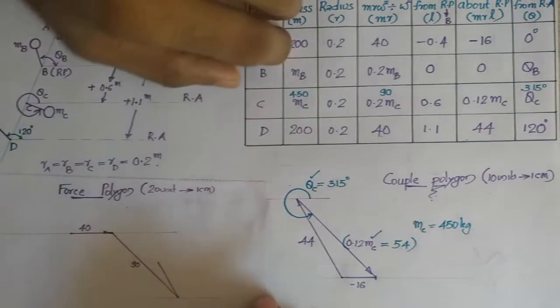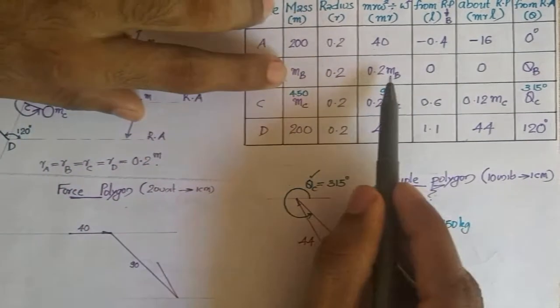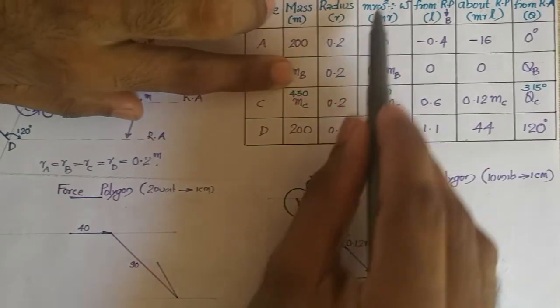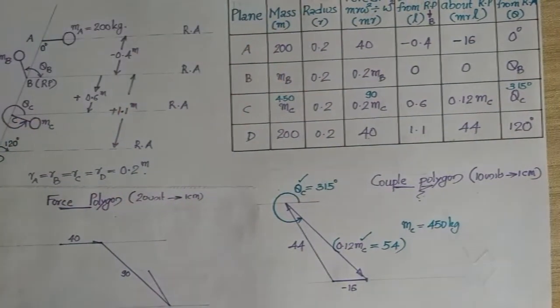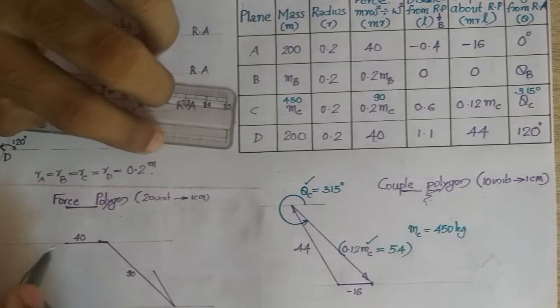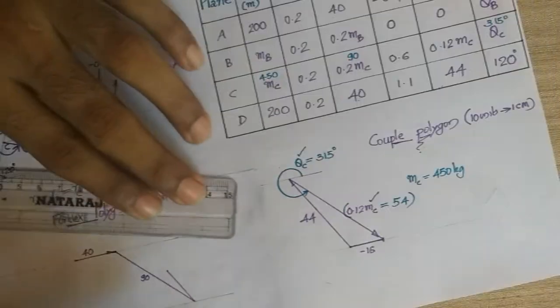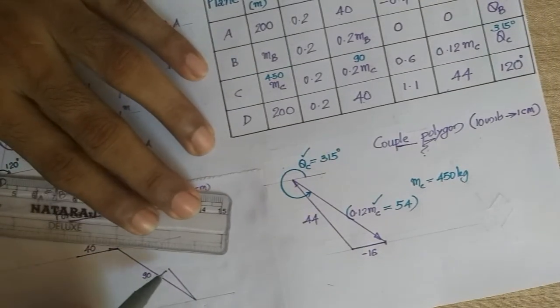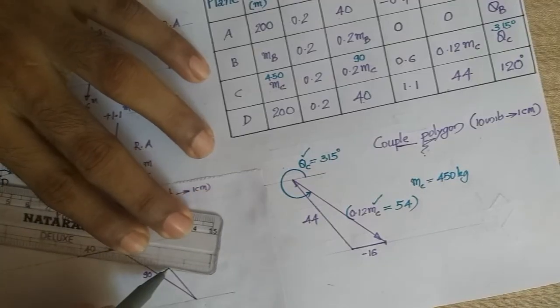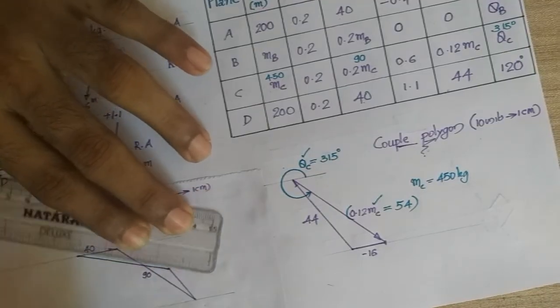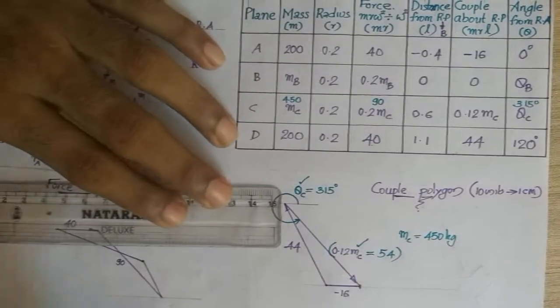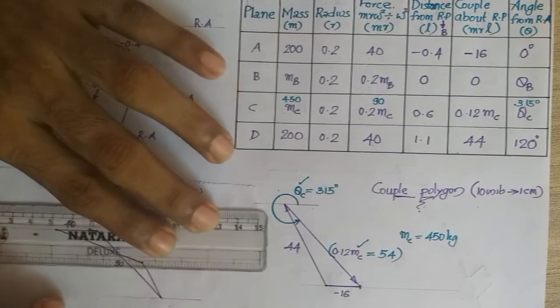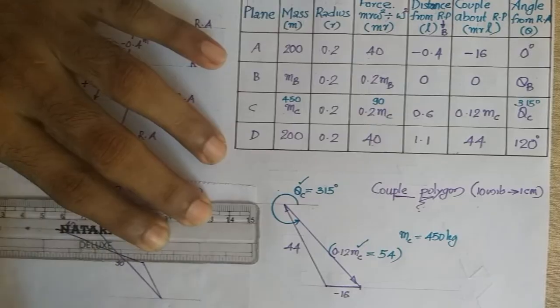Now the remaining side will be closed by this 0.2 MB for the polygon to be in balance, couple to be in balance. So we have started here. We will be connecting these 2 points. At the end of this vector we will be drawing the horizontal line representing the reference axis.